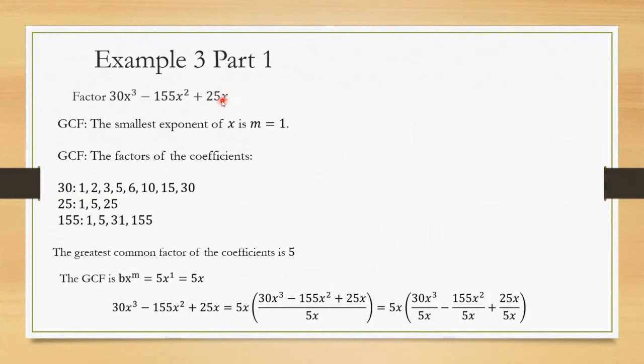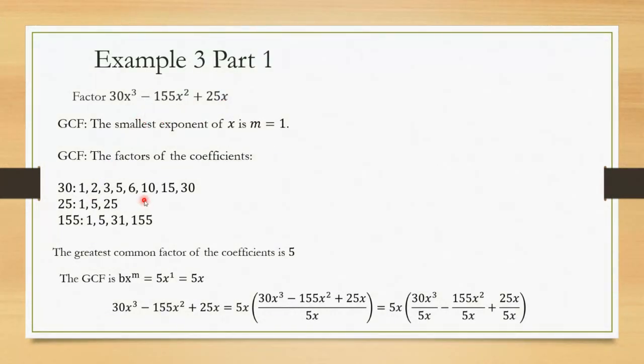So here, let's consider this trinomial. And here you can probably see why it's good to get the GCF out first. For instance, notice the smallest exponent of x is 1. That's the smallest exponent of x. Now let's look at the coefficients also.